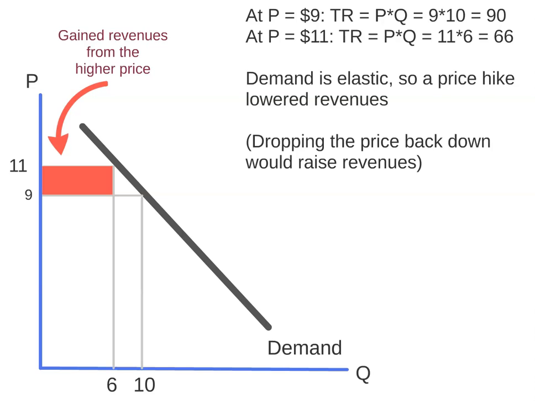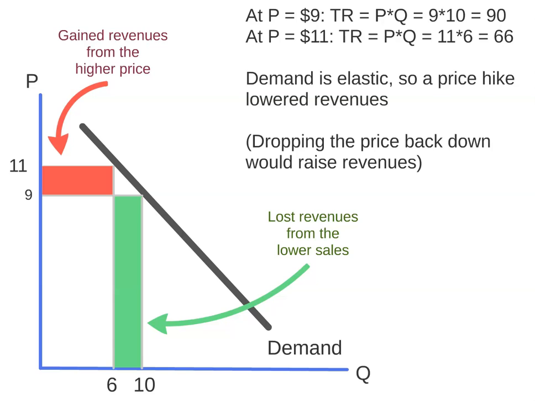You're making 6 sales at a price of $2 additional per unit. So the area of that rectangle right there represents 6 times 2, or $12 additional from raising the price. And then this rectangle represents the lost revenues resulting from the lower sales resulting from the higher price.